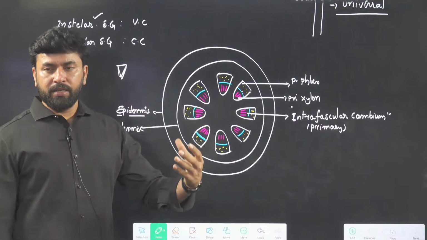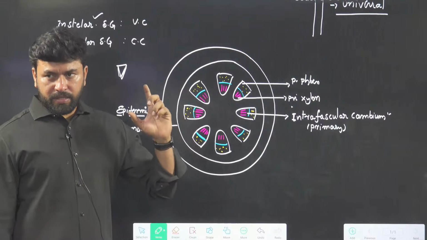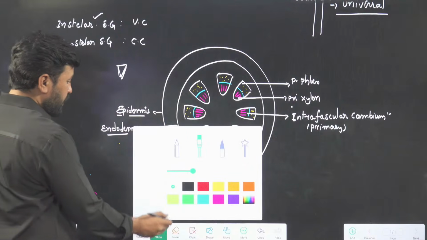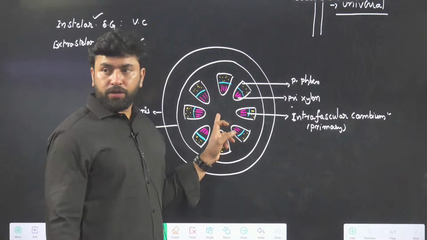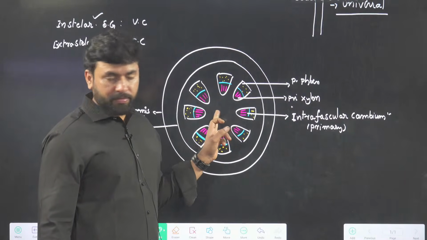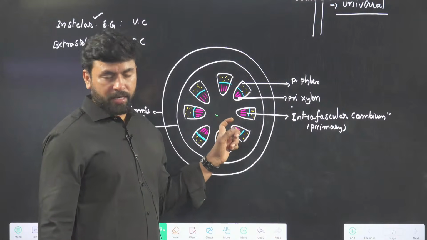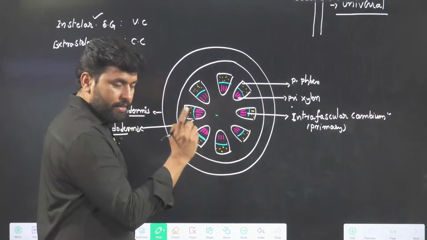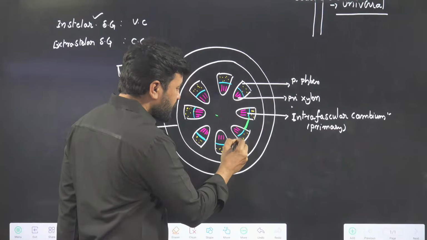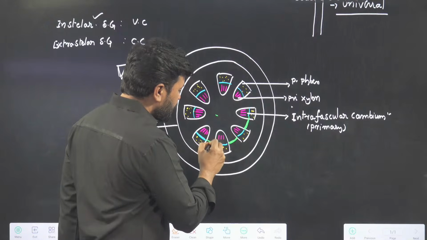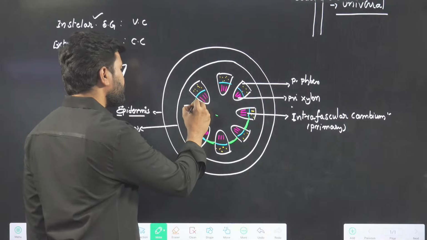Now let us begin. If the secondary growth is beginning intrastellarly, the first step is this. At that time, observe carefully. This area, what do you call? It's called pith. This area you call medullary rays or pith rays. Now, the medullary ray cells which are present adjacent to the intrafascicular cambium undergo dedifferentiation.